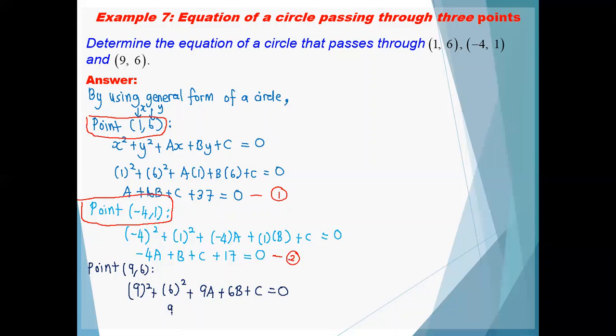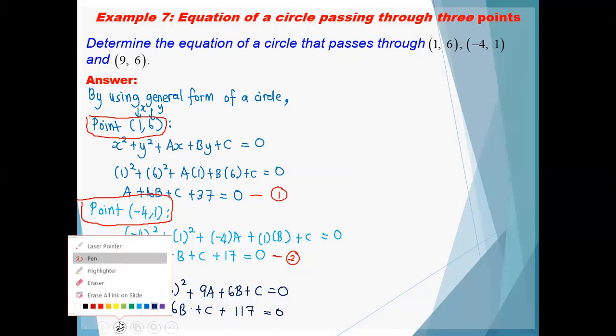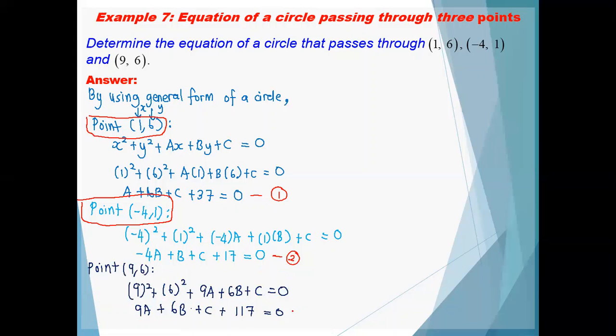So now we have 9a plus 6b plus c plus 117 equal to 0. So this is equation 3.